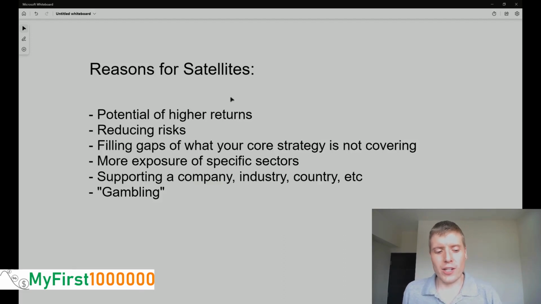Then in general, it could just be for emotional reasons. You want to be supporting either a company, an industry, or a country, etc. For instance, if you love a product of a company, then maybe you just want to have exposure to that company out of your love towards that product. And of course, in the end, the stock market also can be used for gambling.